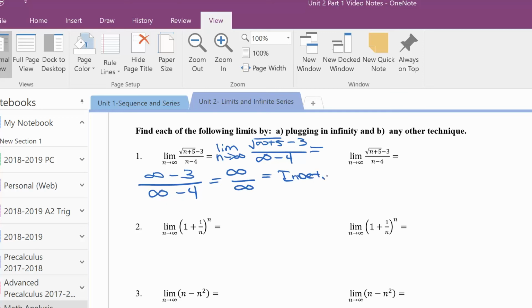So plugging in infinities is indeterminate, but we can do some algebra here.